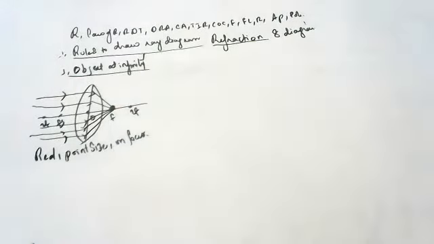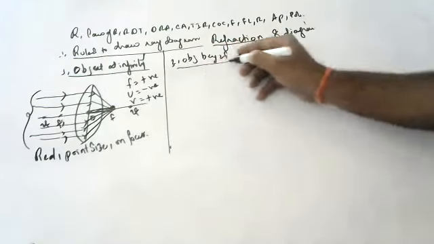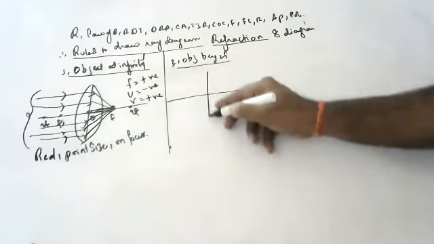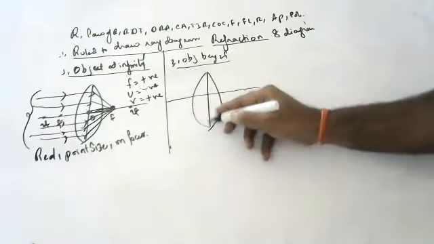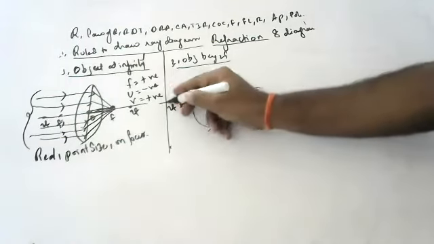Okay, as I keep telling you, you will understand. Second heading, children: object beyond 2F. This is the principal axis. This is F, this is 2F. The object is beyond 2F.